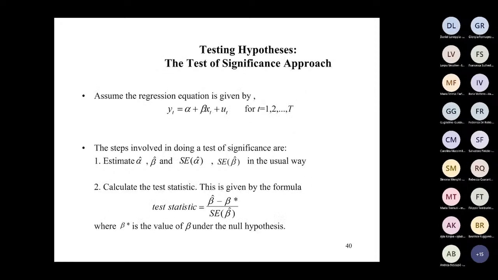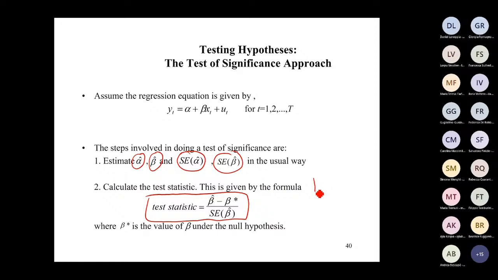Now, in the test of significance approach, what we need to do in step 1: we need alpha hat, we need beta hat, we need the standard error of beta hat, and the test statistic is based on this ratio, where in the numerator we have the estimate beta hat minus the value of beta under the null hypothesis.